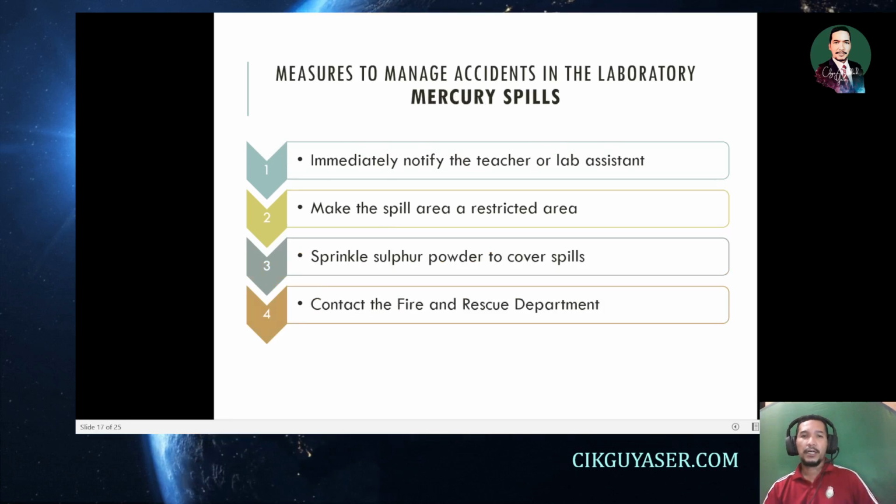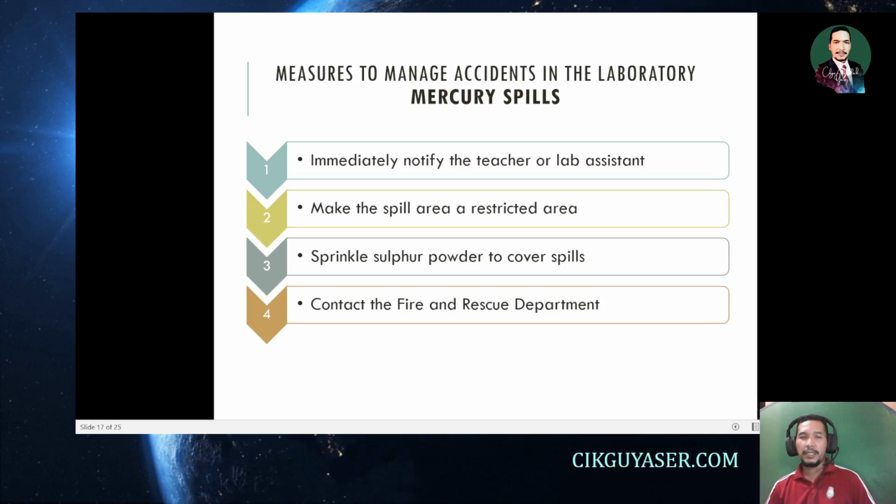This one is measures to manage accidents in the lab for mercury spill. Step number 1, immediately inform the teacher or lab assistant. From there, we make the spill area a restricted area.